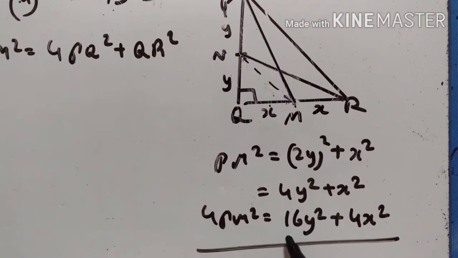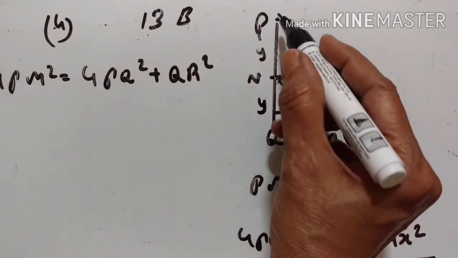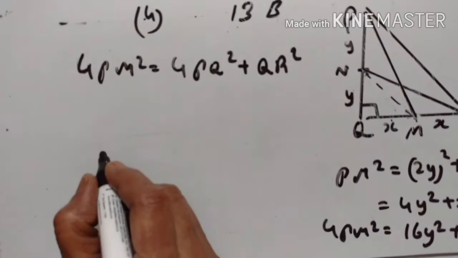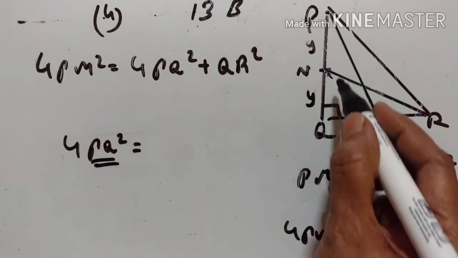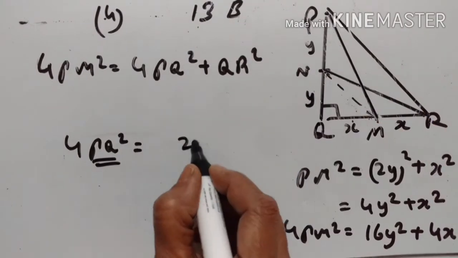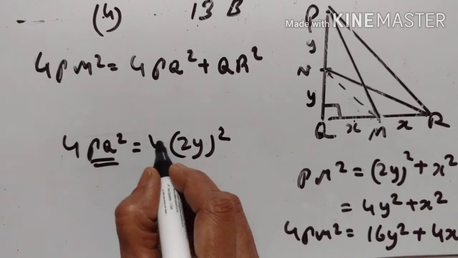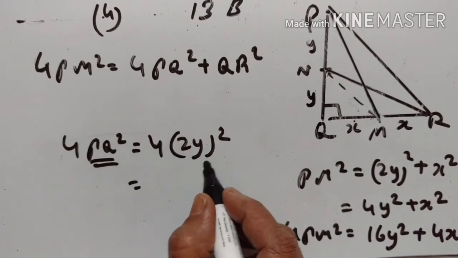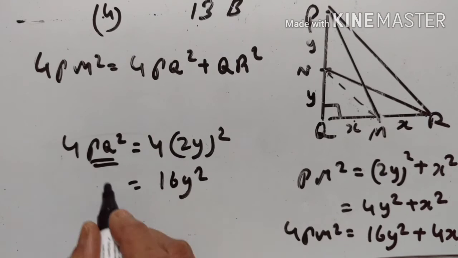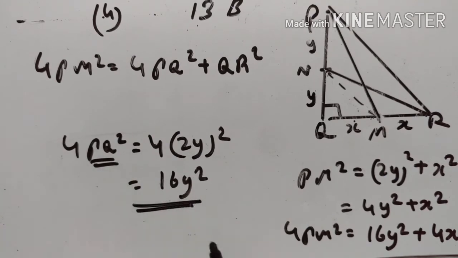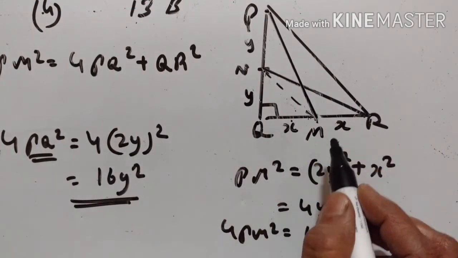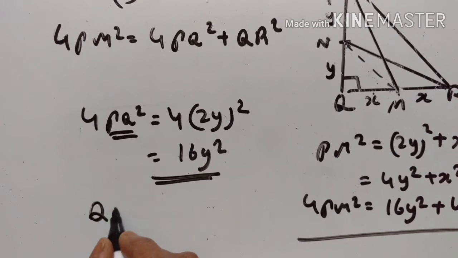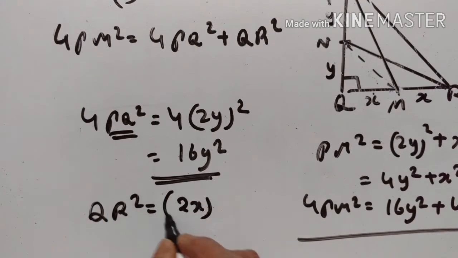This is 4PM square. What is PQ square? PQ is equal to 2y. 4PQ square is equal to 4 into 2y square. This is 4y squared, so 16y square. 4PQ squared is equal to 16y squared. What is QR square? QR is equal to 2x. QR squared is equal to 2x square is equal to 4x square.